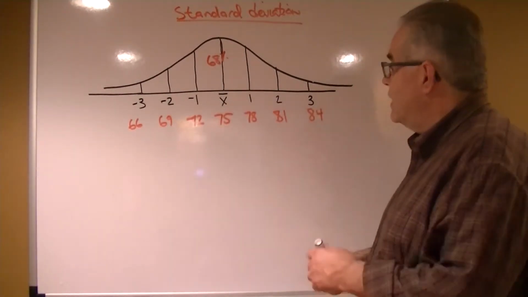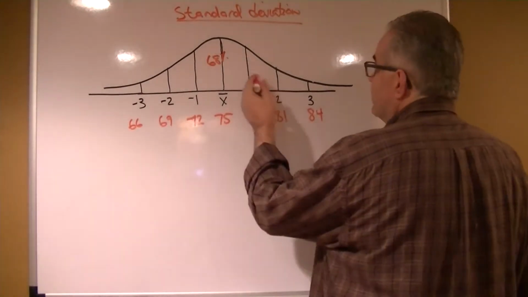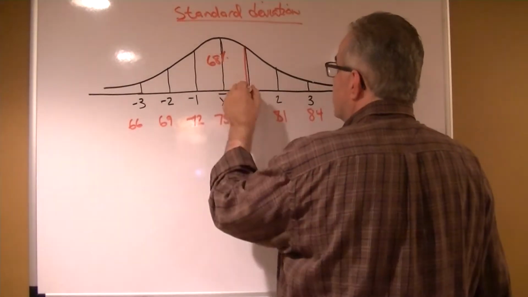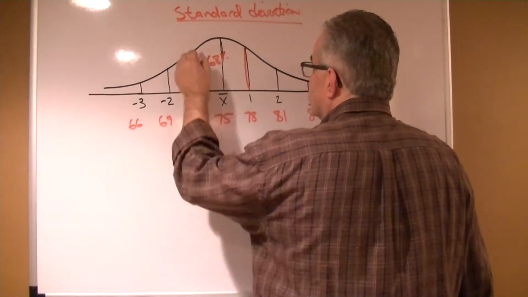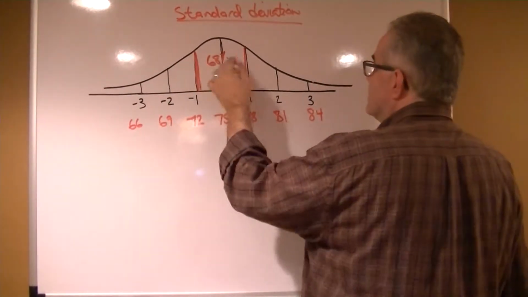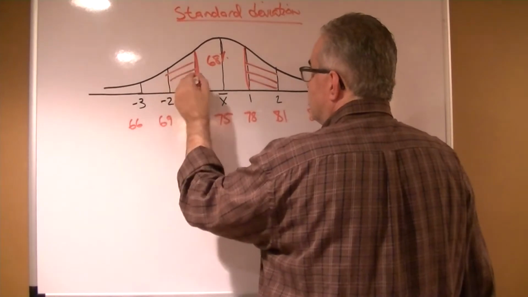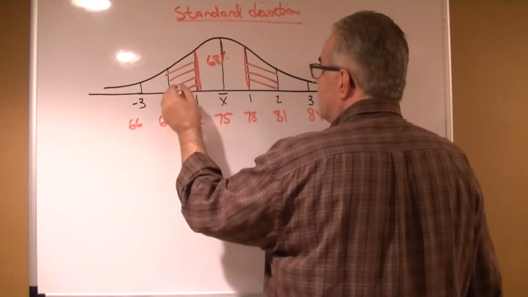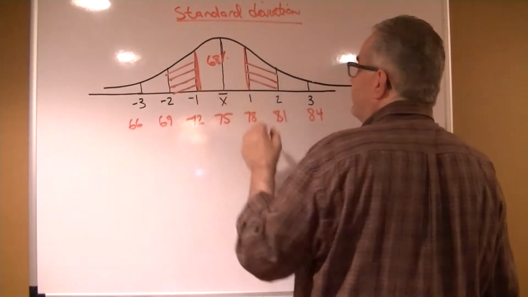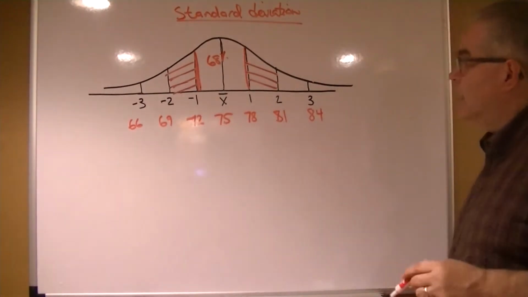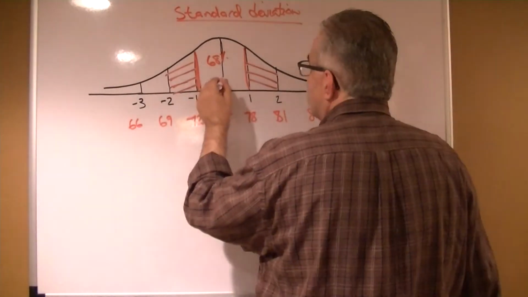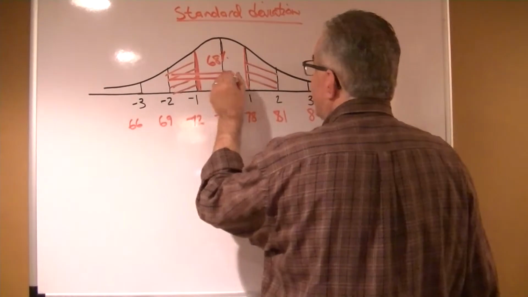Two standard deviations, so this is 68% here. When we go out to two standard deviations, that's going to encompass now 95% of the values, this whole thing here, 95%.